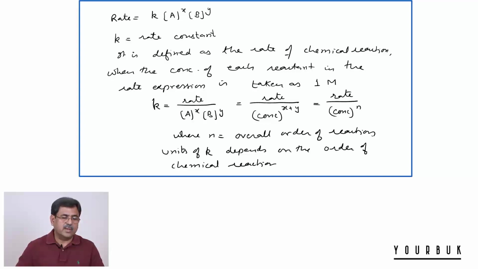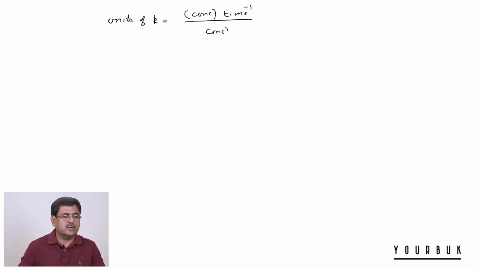For an nth order reaction, rate has units of concentration per time, and this is divided by concentration raised to power n. So the units of K equal concentration raised to power 1 minus n, time inverse.